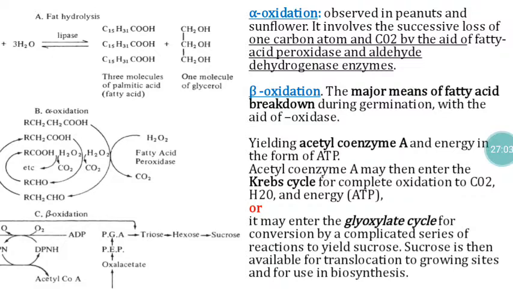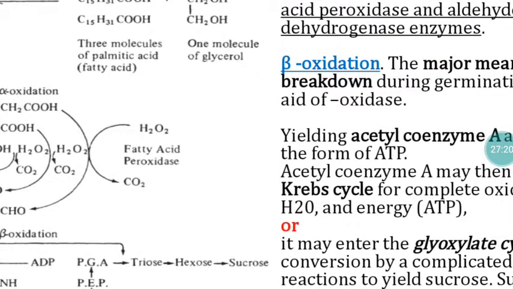In the alpha oxidation process, the fatty acid will lose 1 carbon atom as carbon dioxide with the help of the fatty acid peroxidase enzyme and aldehyde dehydrogenase enzyme.